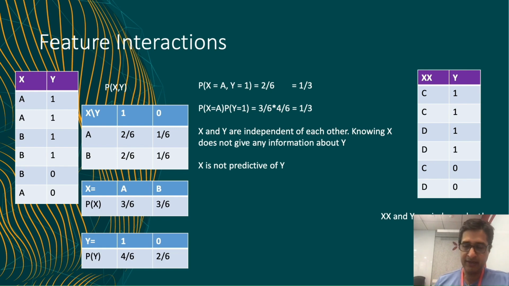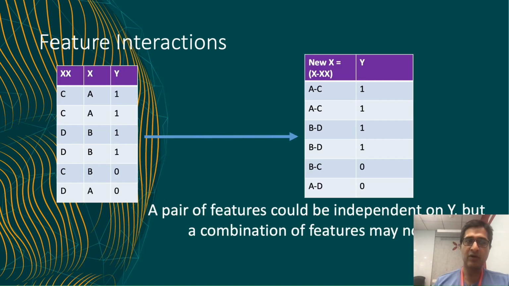However, the interesting thing that happens is when you combine these 2 variables together. In this particular case, we have taken the 2 variables xx and x, and constructed a new variable, which is the subtraction of the 2.